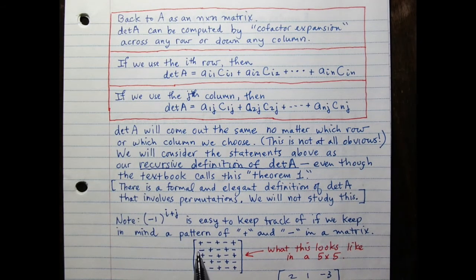For the a11 entry, I put a plus sign there because 1 plus 1 is 2, and negative 1 squared is plus 1. The next entry over is like a12: 1 plus 2 is 3, and negative 1 to the third is negative 1. For the next entry over, the subscripts add up to an even number again, so negative 1 to an even number will be positive, and so on and so forth.